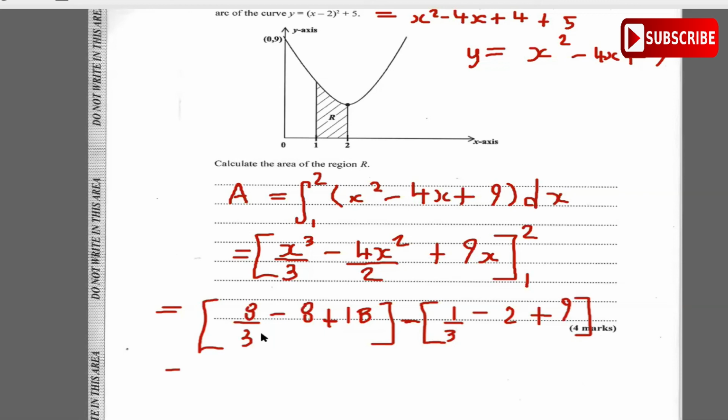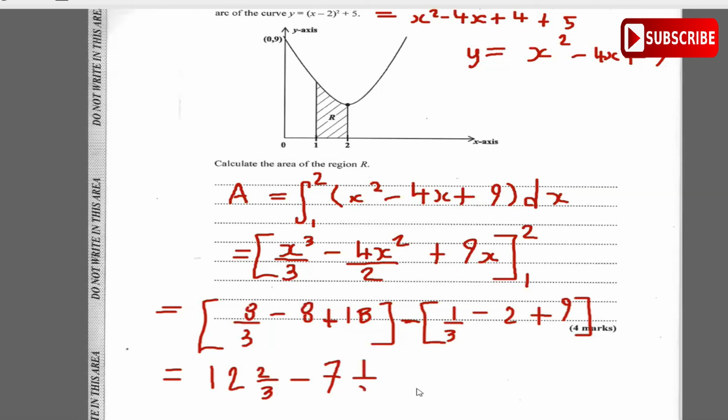That works out to be 8 over 3 minus 8 plus 18. That's 12 and 2 over 3. Minus, we work out this side now, which is 1 over 3 minus 2 plus 9. That's 7 and 1/3. So we get minus 7 and 1 over 3.